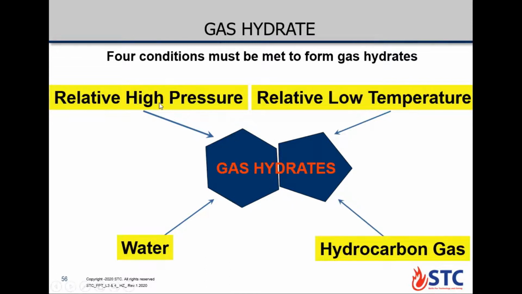First one, relatively high pressure, relatively low temperature, in the presence of water or water vapor, especially low salt water or fresh water, and also in the presence of hydrocarbon gas. If you break one condition, the gas hydrate will not form in the system. Usually during the killing operation, we cannot control the 4 conditions.